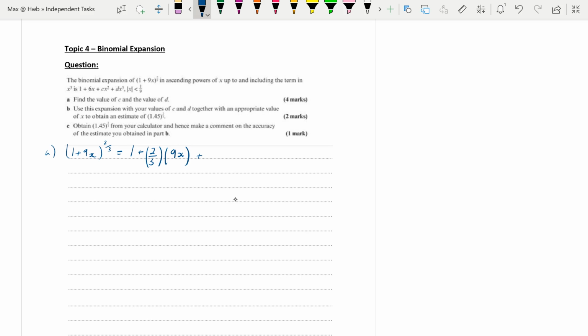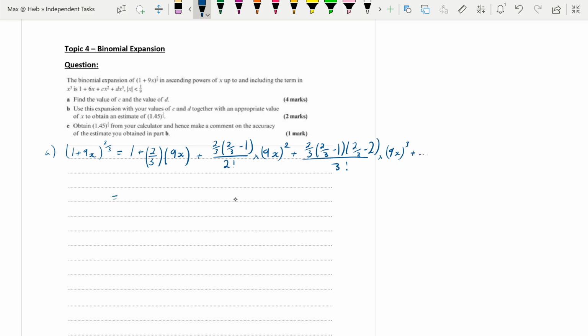Plus, I'm just using the formula from my booklet here, n, which will be 2/3, times n minus 1, so 2/3 minus 1, all over 2 factorial, so 1 times 2, times 9x all squared. Now the next bit isn't in your formula booklets, but it is one that we should know. So I've got 2/3, then 2/3 minus 1, then 2/3 minus 2, all over 3 factorial, and I'm going to have 9x all cubed. And then plus dot, dot, dot.